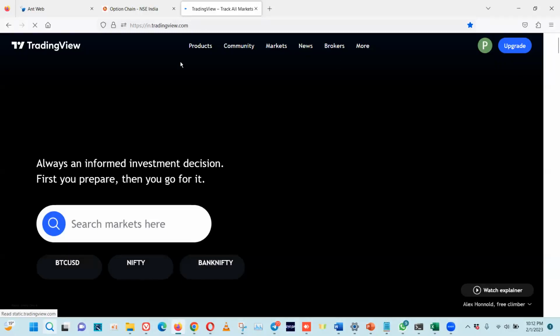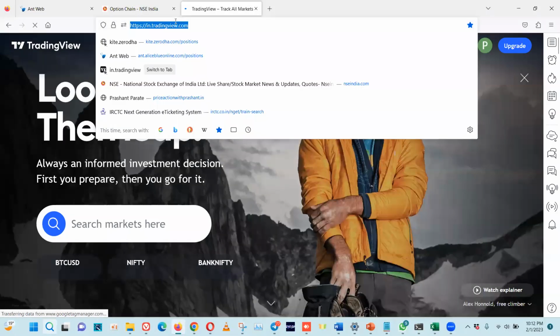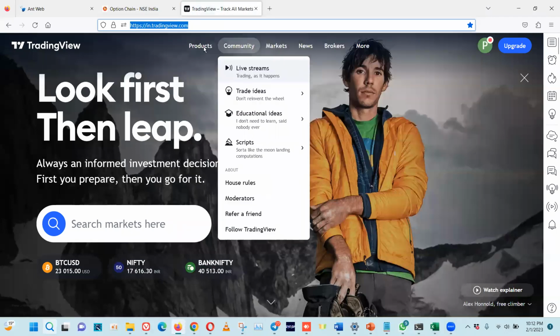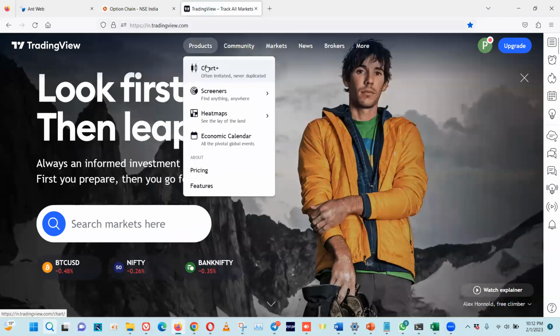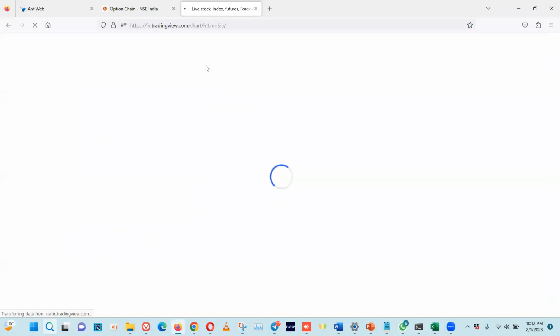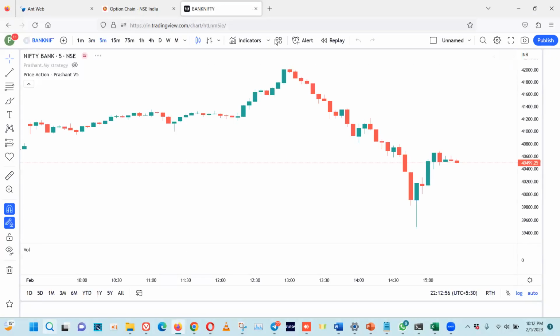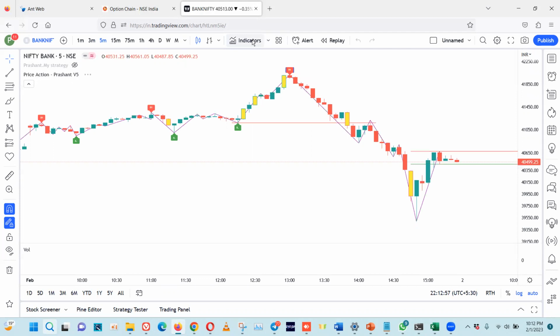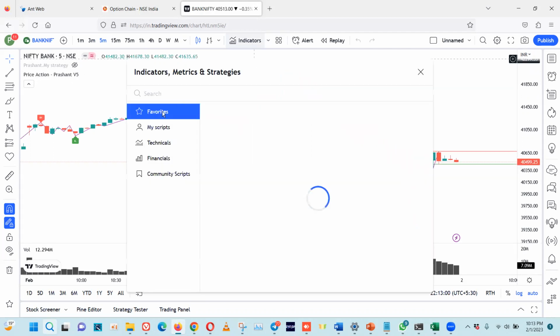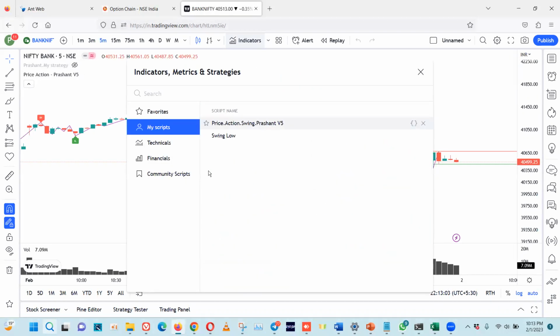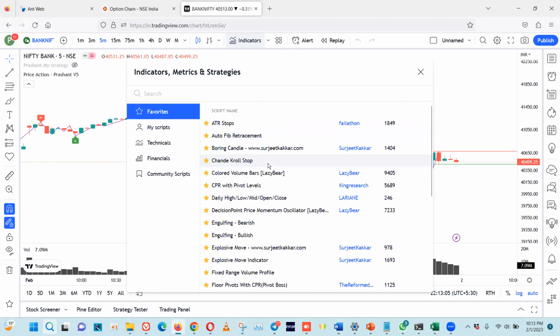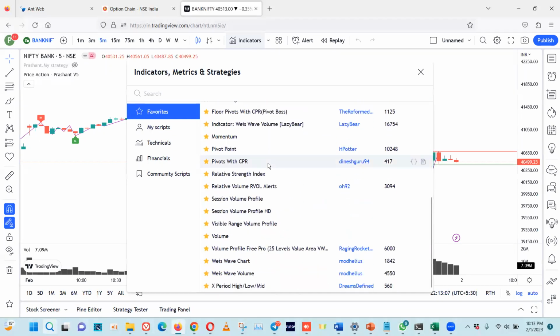So this is another TradingView account which I use. This does not have that indicator. We'll go to charts and see if it is there. That script is not here and it's not here.